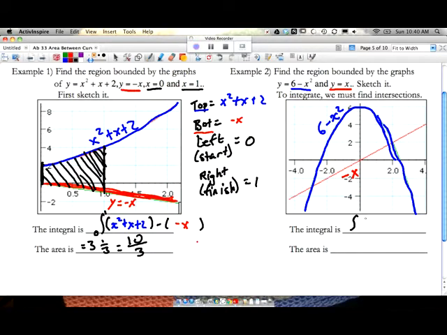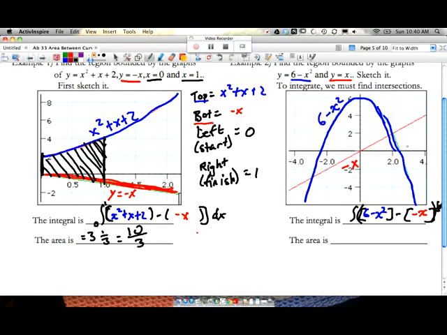Because when we say the integral, and we got the top minus bottom, so that part's pretty easy. So the bottom's negative x, and the top is 6 minus x squared. And of course, remember that these should have a dx on them. I didn't really put them on there. But these are all multiplied by dx because we've got to be doing it with respect to x because we're moving in the x direction.